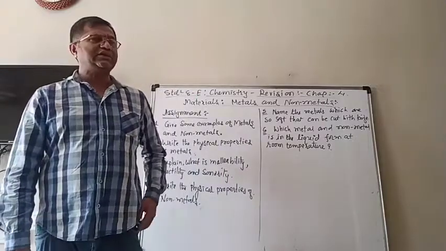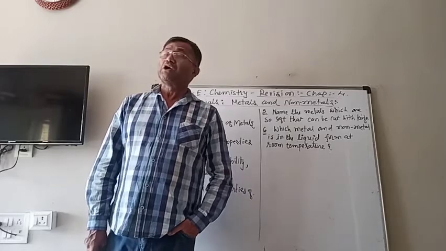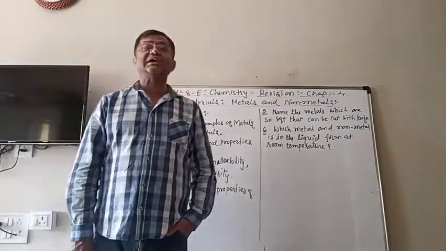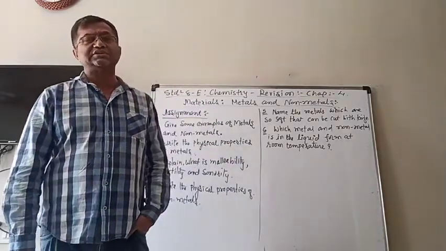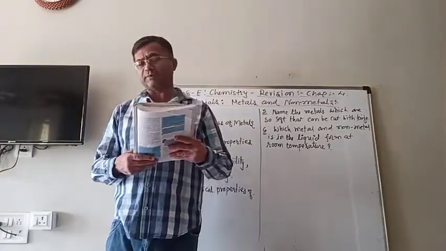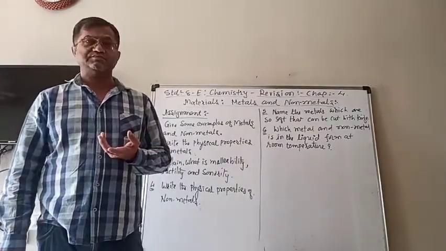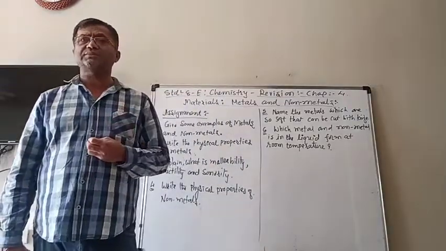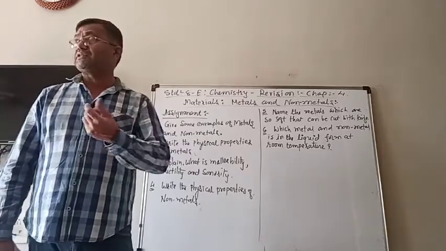Then the other is that all the metals are good conductors of heat and electricity. That is also a physical property. Therefore we know that metallic wires like copper wire or aluminium wire are used in wiring to conduct electricity.